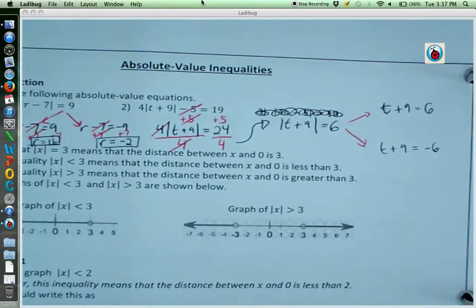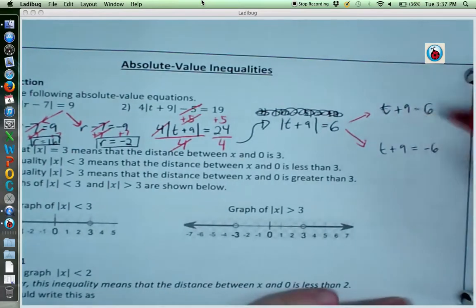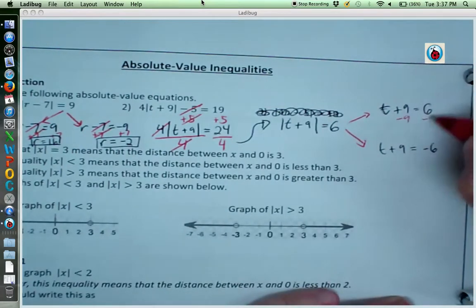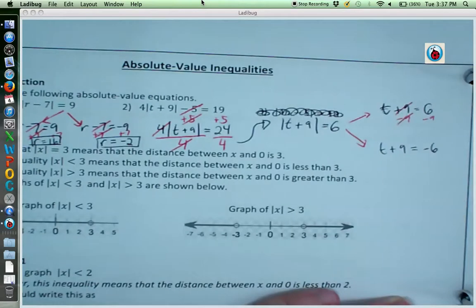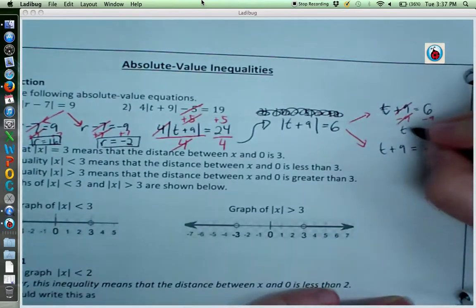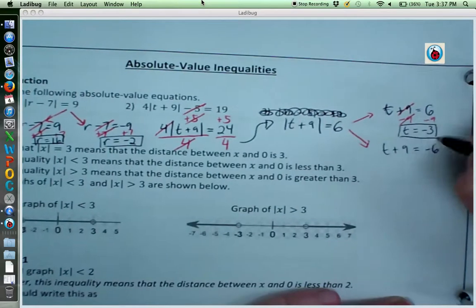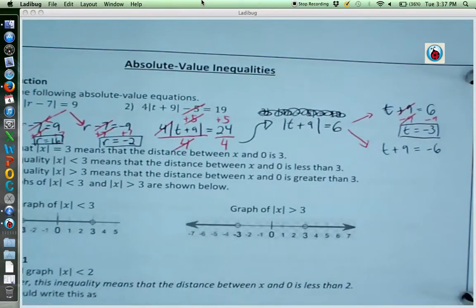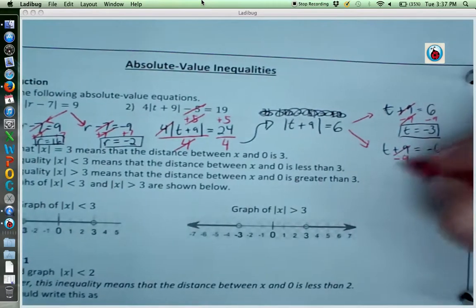I'm going to solve each of these two separate equations. So t plus 9 equals 6. I could subtract 9 from both sides to get t by itself. I get t equals negative 3. So there is one possible solution. On the other equation, I'm also going to subtract 9 to get t by itself.